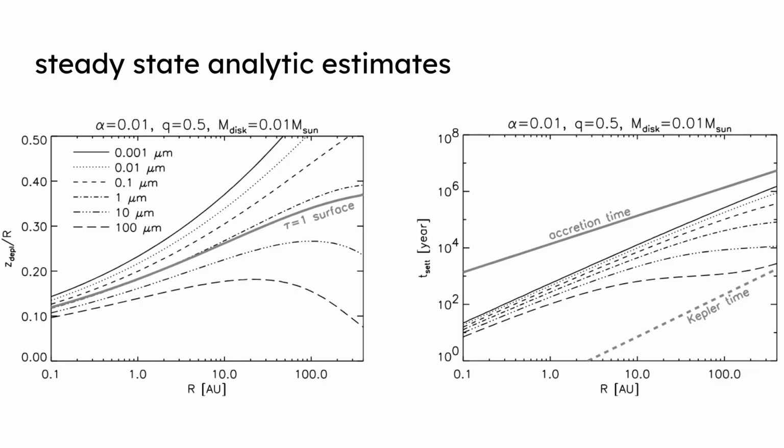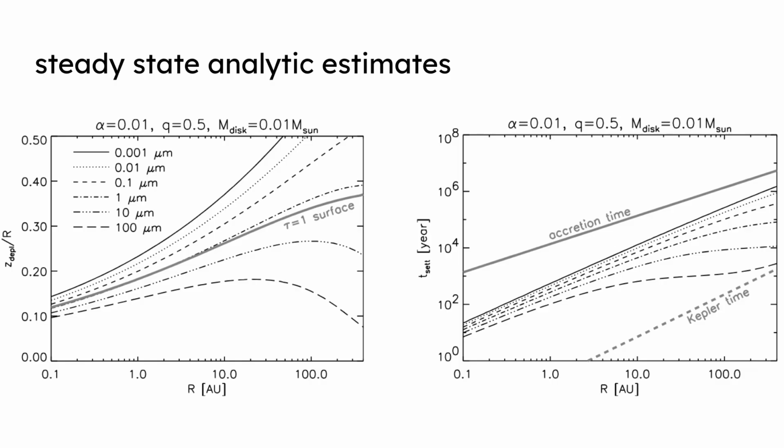And here are the results for the positions of Z depletion versus radius. So what is this value, Z depletion? Let's say it another way: it's the height at which the time scale for settling is 100 times less than the time scale for stirring.